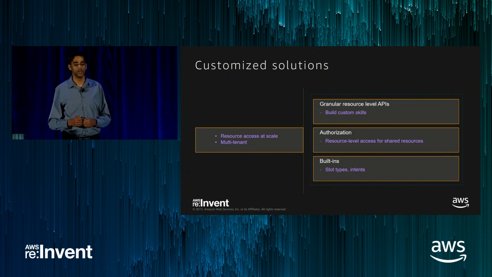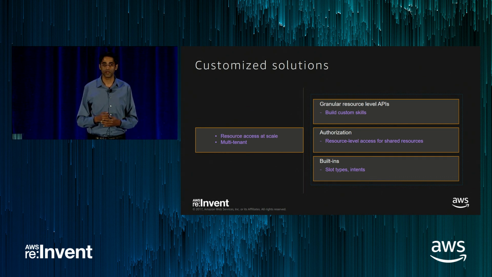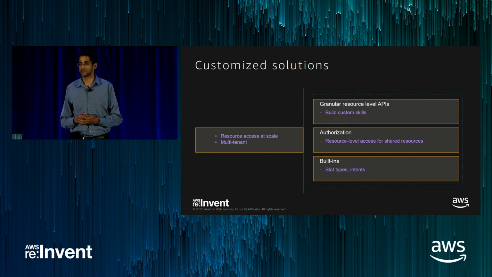So that's one. Second, authorization. So these resources are shared. Again, we could use the roles to define which users have access and which don't. And finally, like I described earlier, the built-in slot types that we could use to expedite development of custom skills.